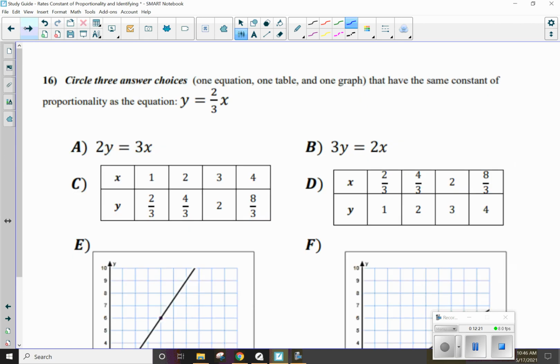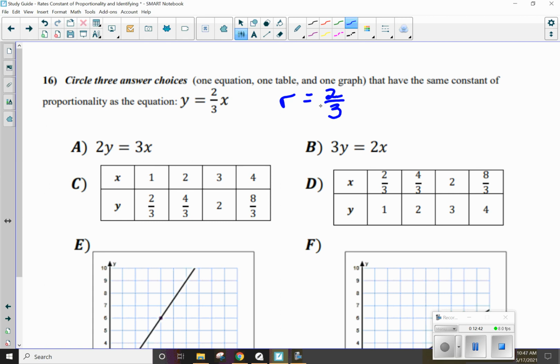Okay, moving on to 16. Circle 3 answer choices that have the same constant of proportionality as the equation y equals 2/3 x. We're looking for one equation, one table, and one graph. That's correct. So here I can see it's in my proportional equation format, which means our constant of proportionality is 2/3.